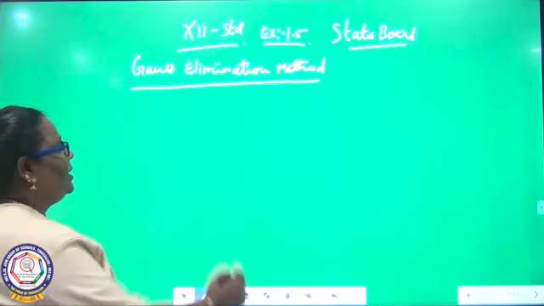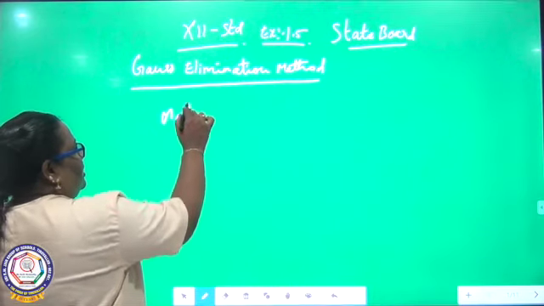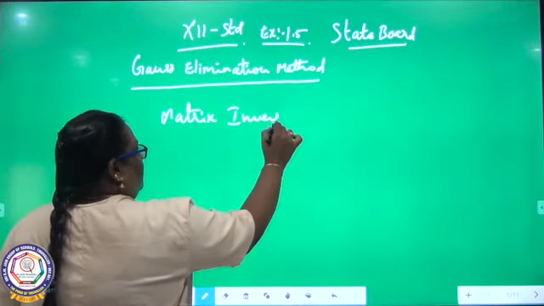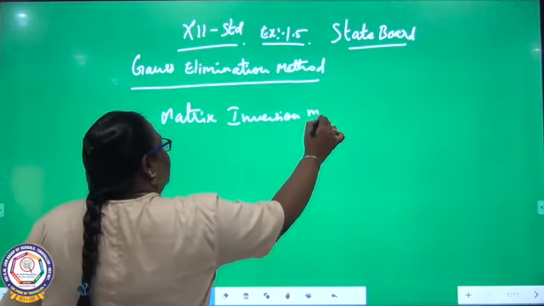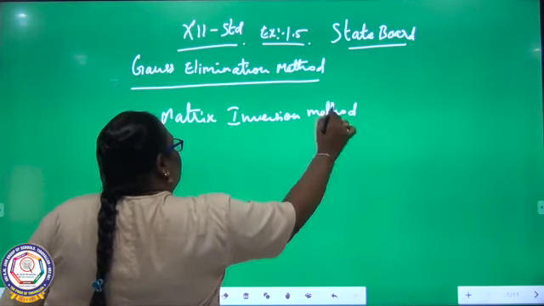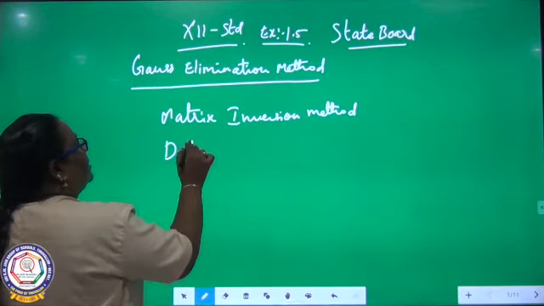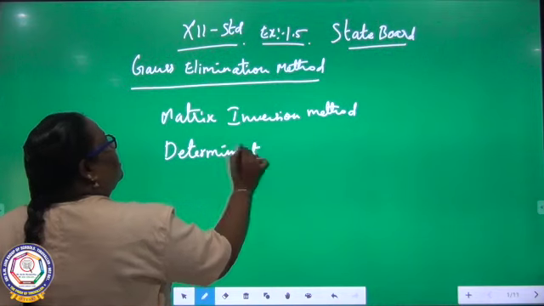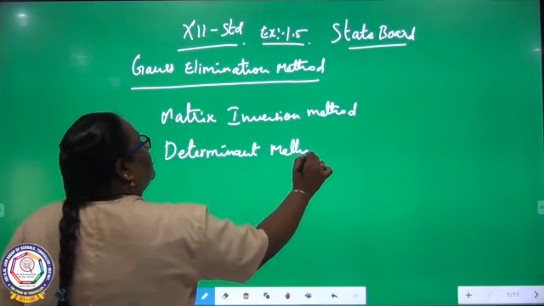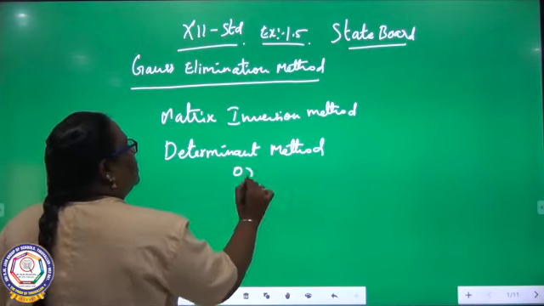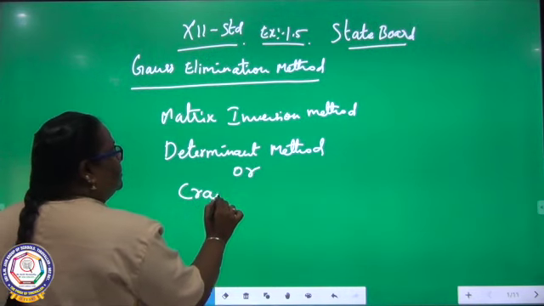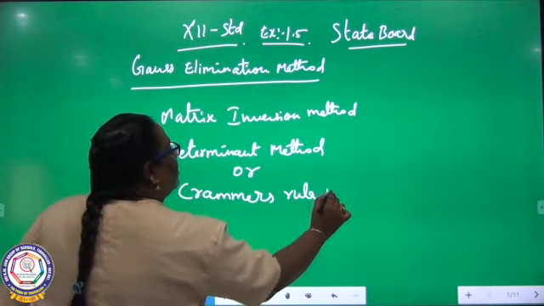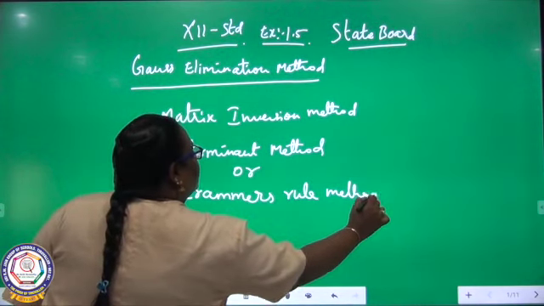We already saw the matrix inversion method, the determinant method, or Cramer's rule method.